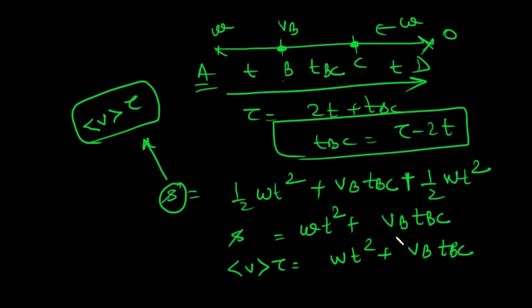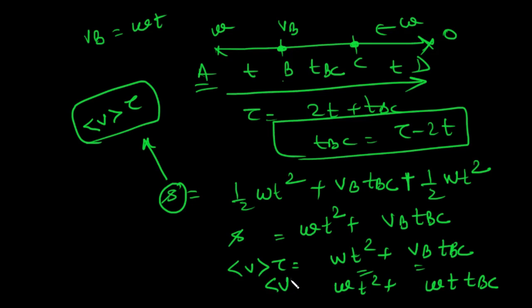Now we can substitute this. What is VB? From here we can say VB was WT. So we have WT square plus WT times time taken from B to C. This is V tau. So now we have two things.